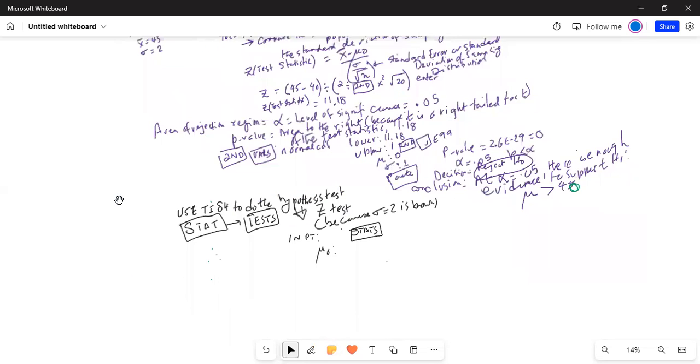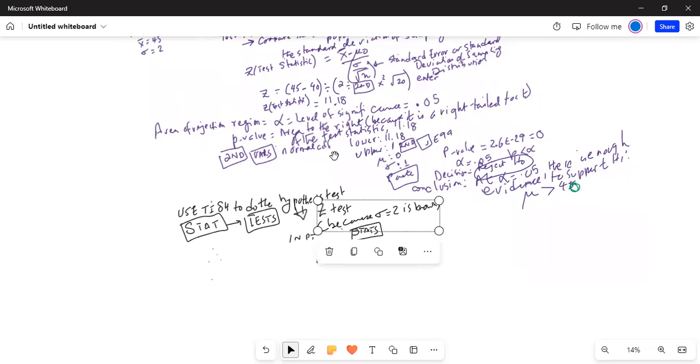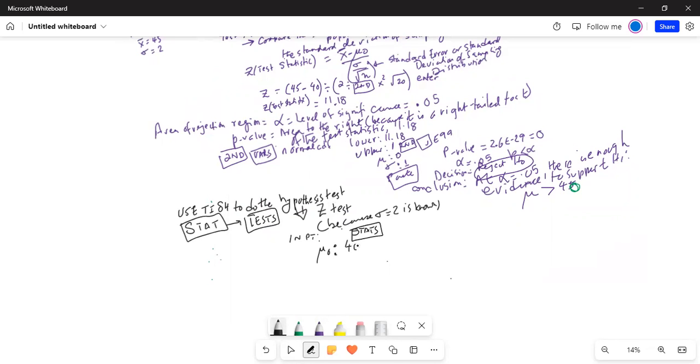So mu0 is the hypothesized value, 40. Type mu0 as 40. Sigma, you know, is 2. That is, the population standard deviation is known.